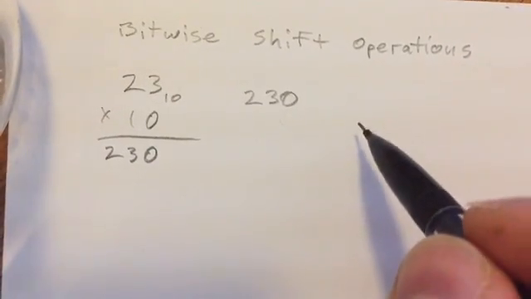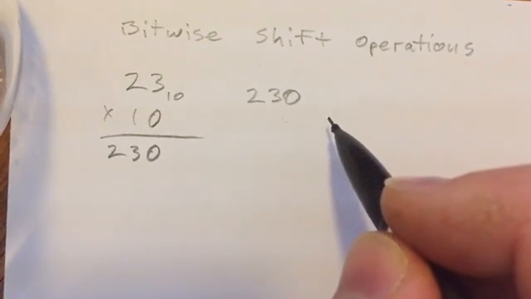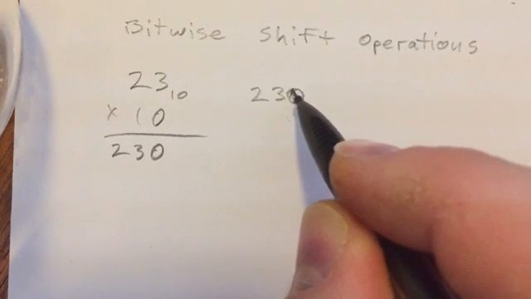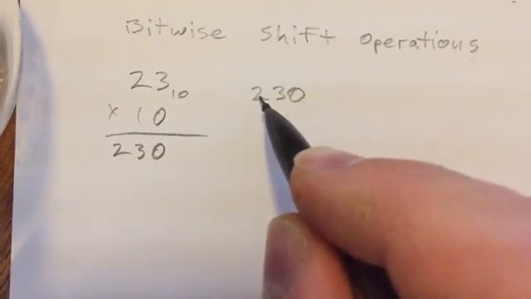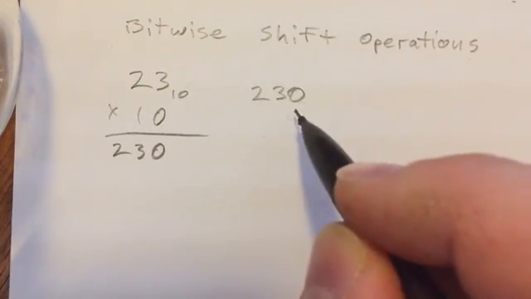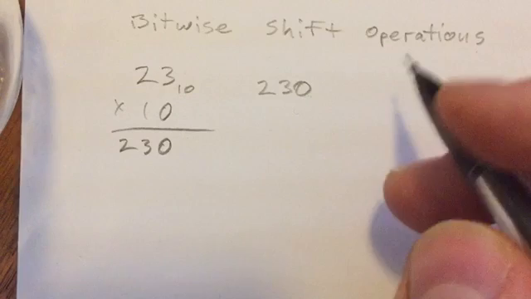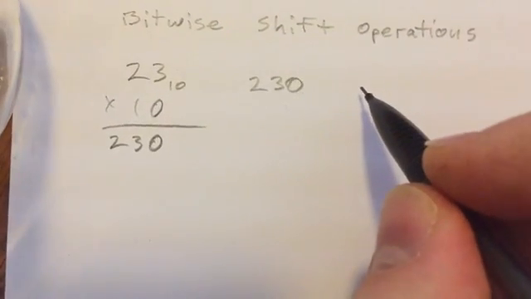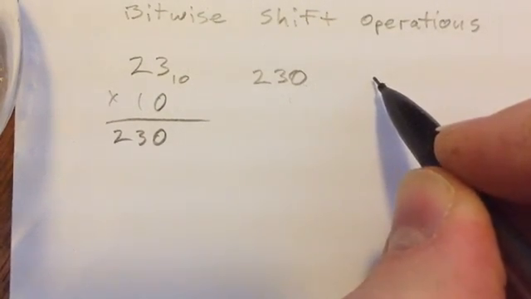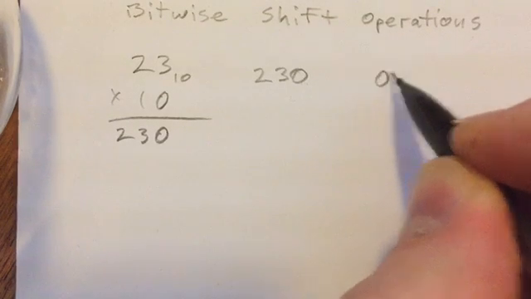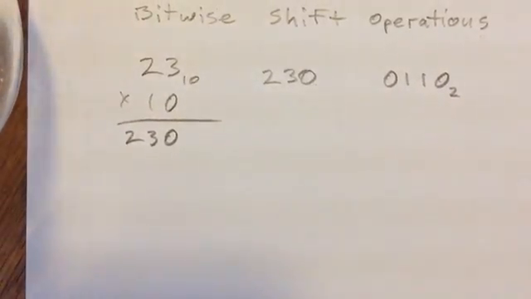What happens in a computer when you shift something is the exact same thing, except we're using base 10 numbers instead of binary, or base 2, numbers. So what happens in binary in a microprocessor is that we can take a number, say 6, 0110 in base 2, which is binary.